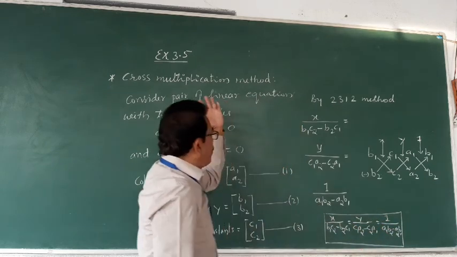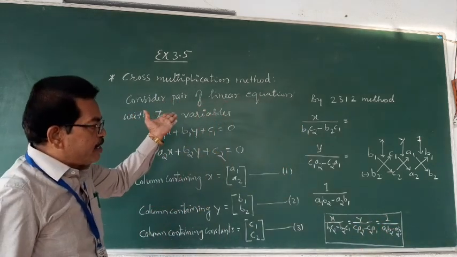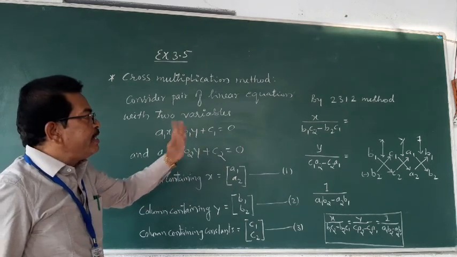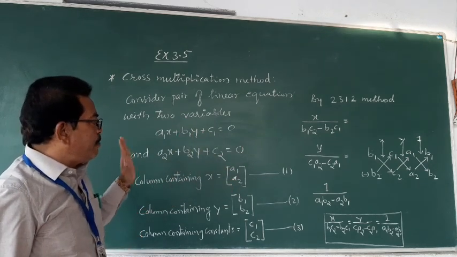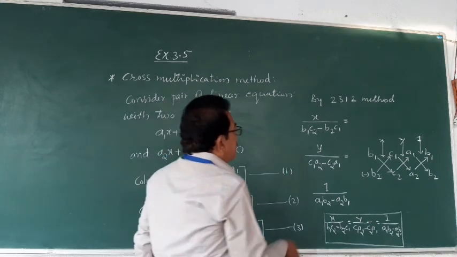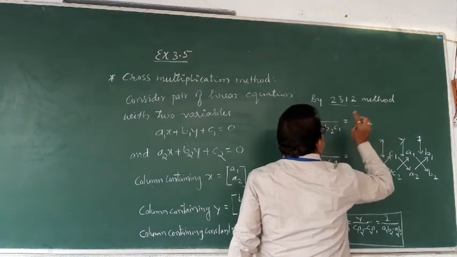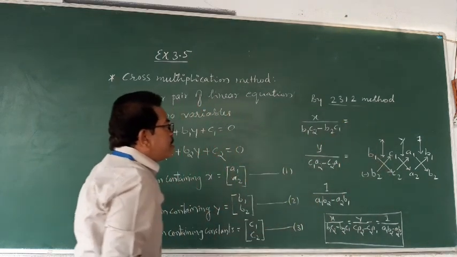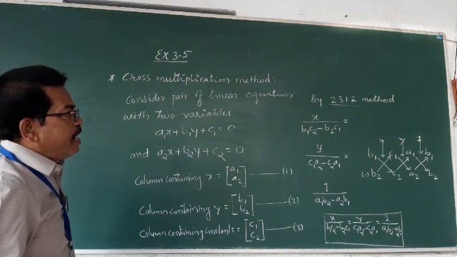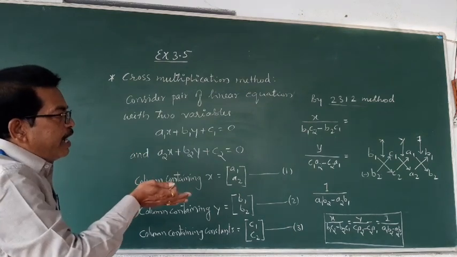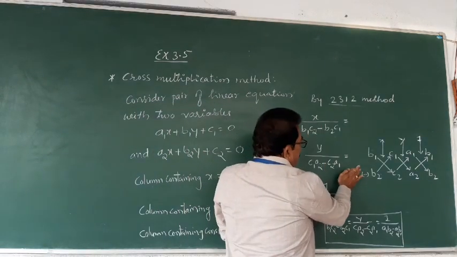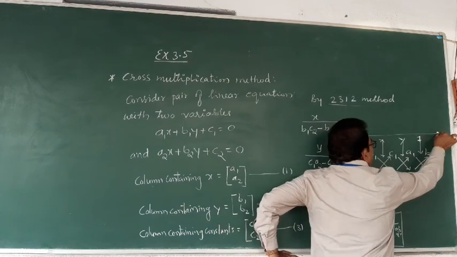By substituting the values of the coefficients, we can get the solution for x and y in this method. So remember this method, very simple one. Use that technique, the 2 3 1 2 method: 2 means b1 b2, 3 means c1 c2, 1 means a1 a2. Apply it by writing the coefficients in this format.